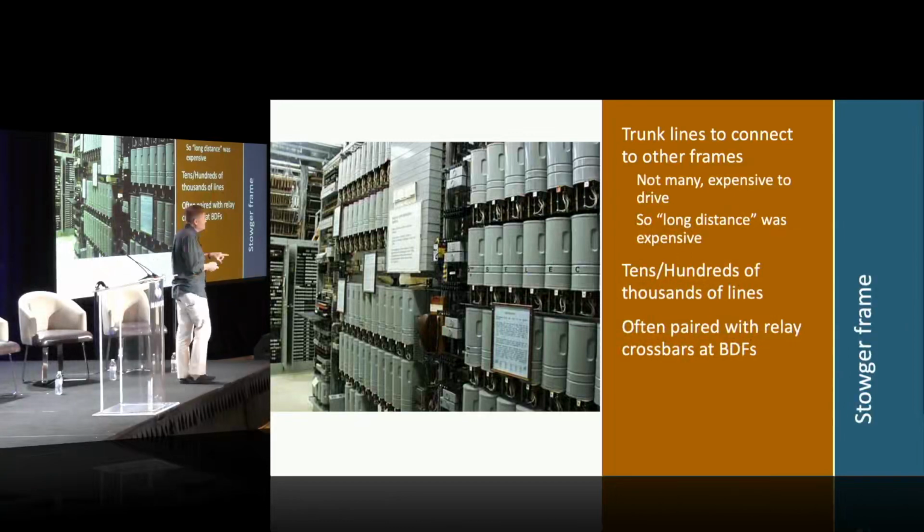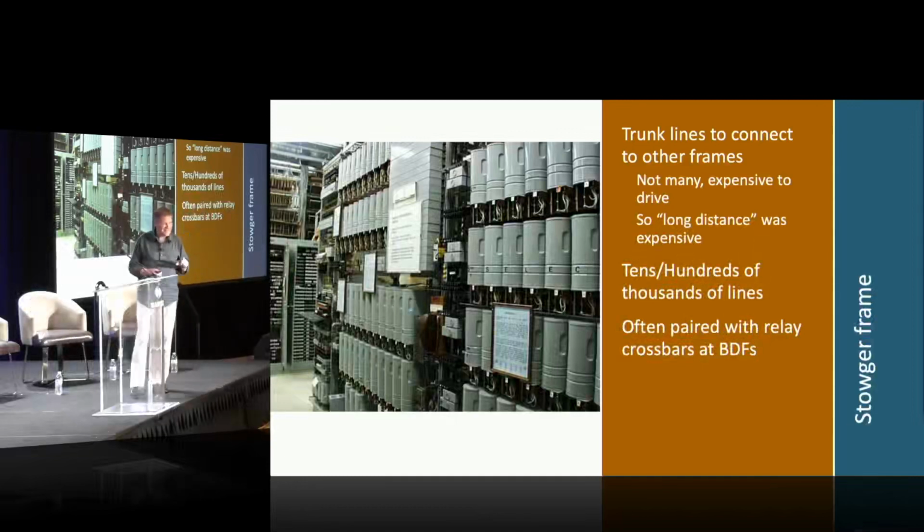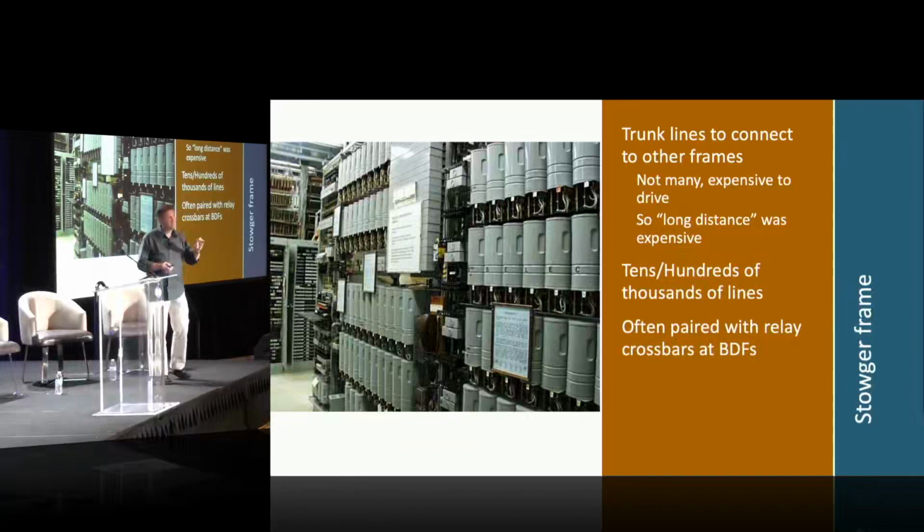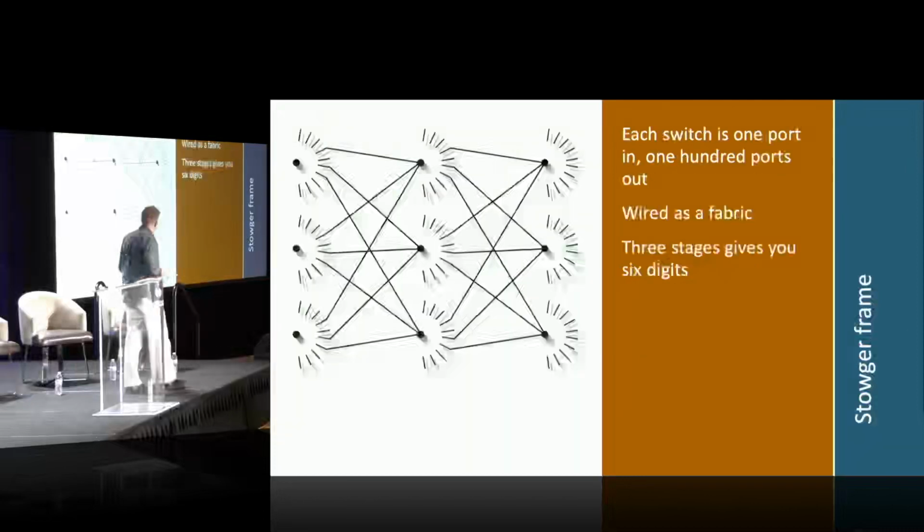I told you I'm old, okay? Much older than I look. Anyway, the trunk lines are very, very difficult to drive electrically, so you'd have very few of them. Therefore, this is how you get into the whole concept of long distance before we had voice over IP.